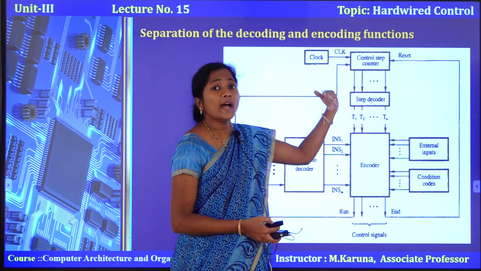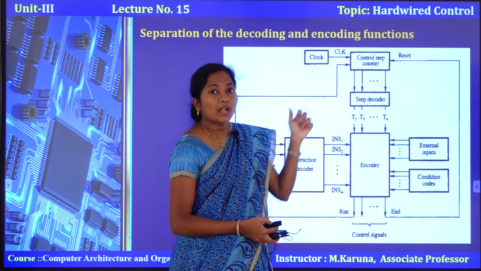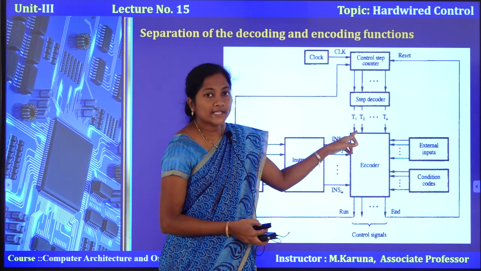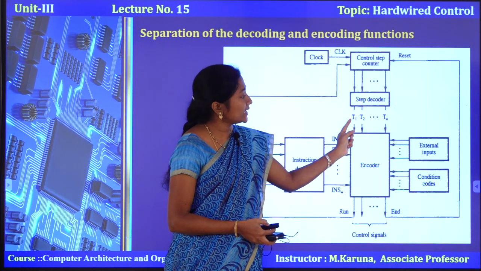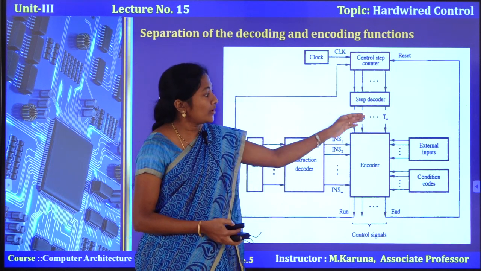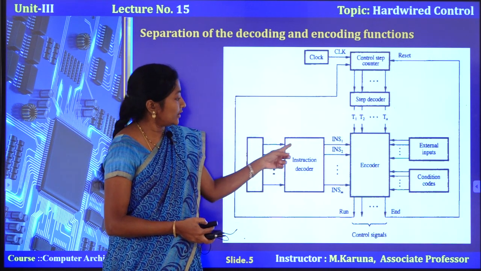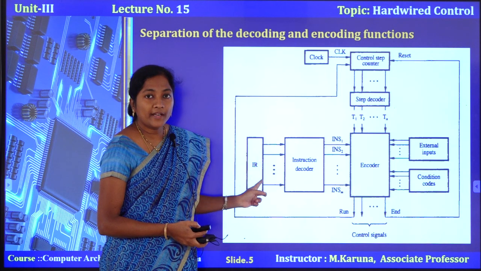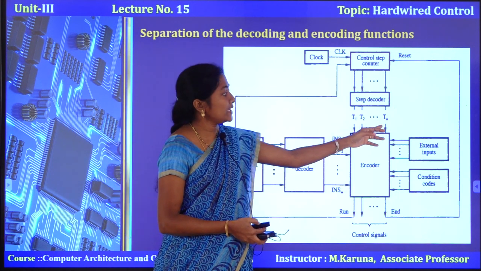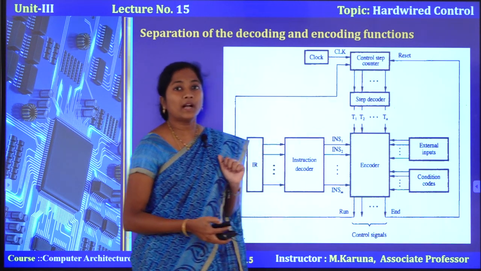Those pulses are incremented with the help of the control step counter, which provides any one of the clock cycles. Here clock cycles are T1, T2 to Tn. Okay. So, this step decoder generates the clock cycle corresponding to the instruction provided in the instruction register. Okay. So, here clock cycles are incremented with the help of the control step counter.